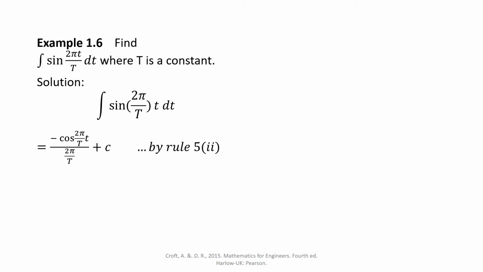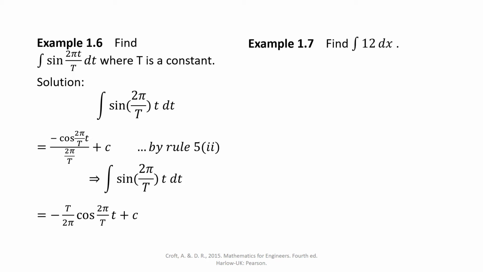Going for rule 5(2), sine will be converted into minus cosine, and it will be divided by k. Constant of integration will be produced. So its answer comes out, after simplification, as 2 pi by T, which is in the denominator, will come in the coefficient of cosine, and we will take its reciprocal, plus the constant of integration.